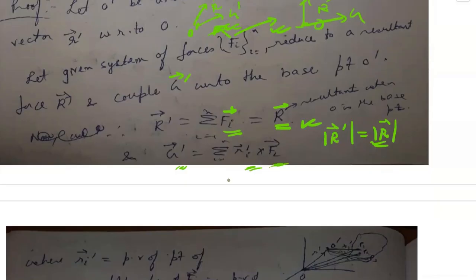So Fi are the forces. But what has changed? The position vectors of the points of application have changed. So now if you consider this figure here, this one was the axis. This one was the original system, say P1, one force I'm considering.